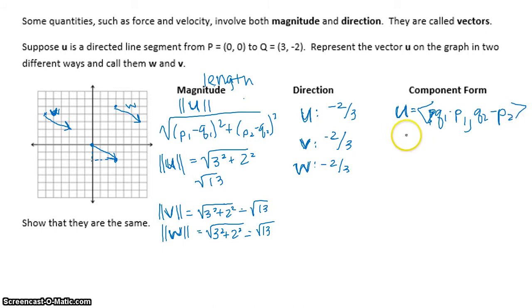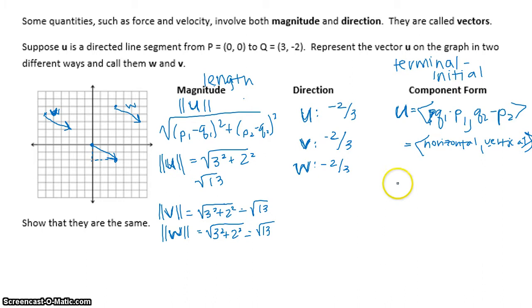So what it basically is is your horizontal change and then your vertical change, just like it would be for points. We do the horizontal and then the vertical. Make sure when you do this, you're doing your terminal point minus your initial. So that's what I'm doing, where I ended minus where I started, to get my component form. That way it'll show me the direction as well.